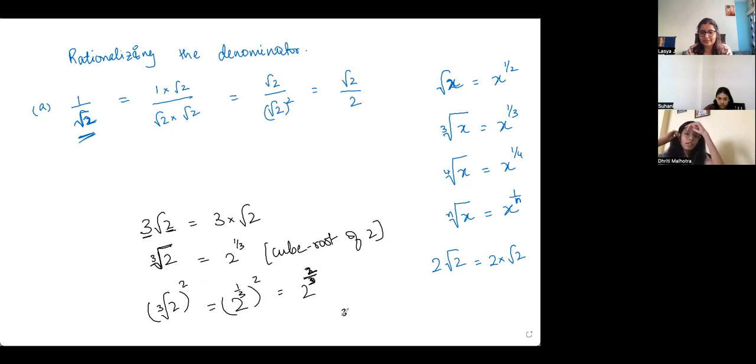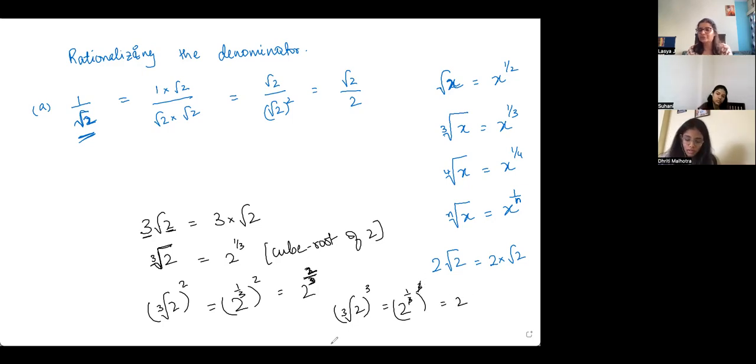As in, if the cube root sign and the exponent outside are the same, it gets cancelled. Because this is basically power 1 by 3 raised to the power 3. Now these two multiply, by the law of exponents. So 3 upon 3, 1.